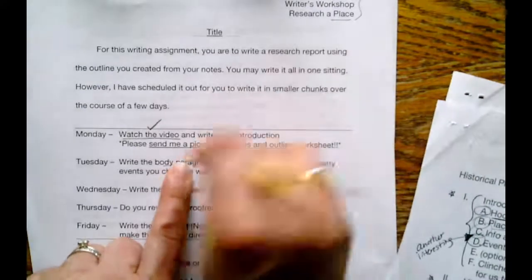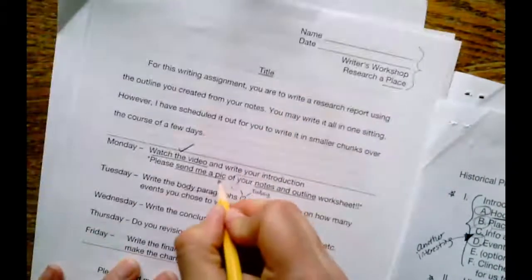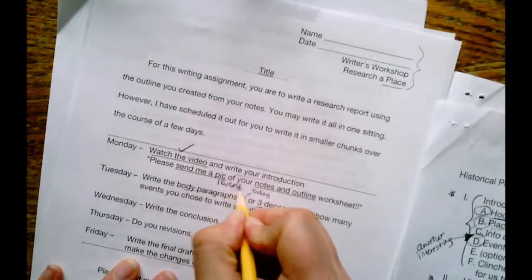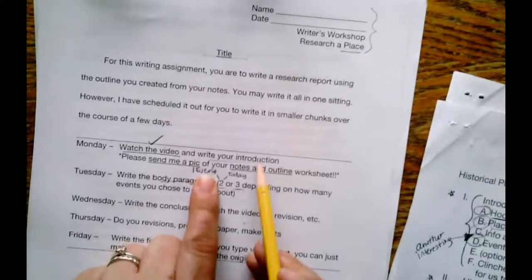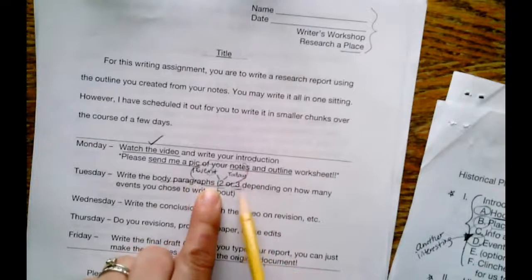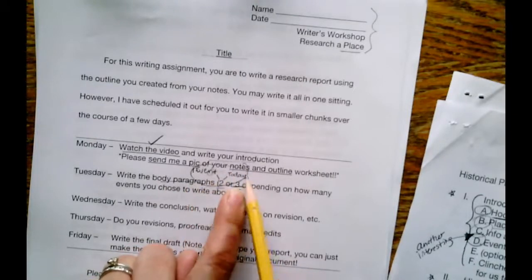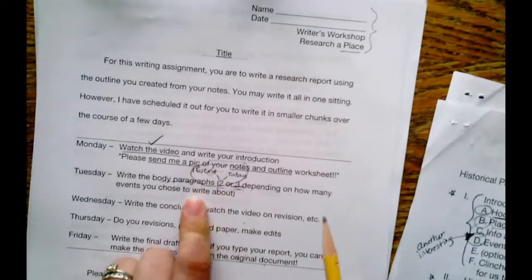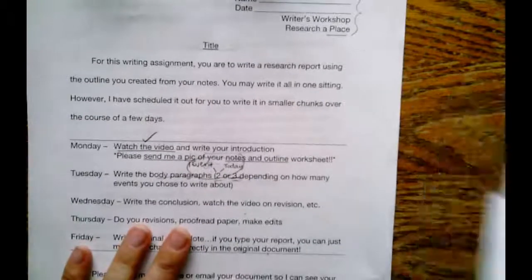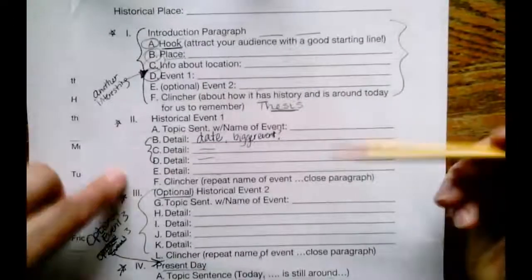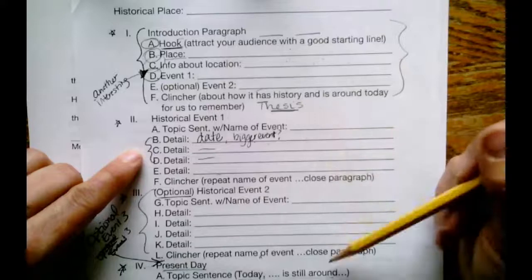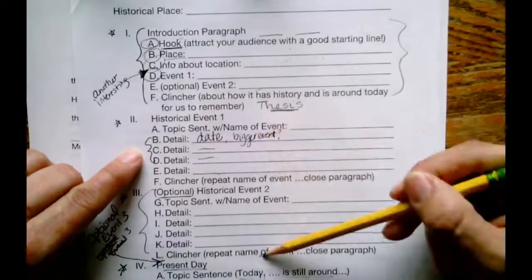So you either have this, or you'll have 3 because you're doing 2 events and what it's like today. So I write those paragraphs on Tuesday. Okay, it should go pretty smoothly because if you have all your outline filled out, everything's right here for you.